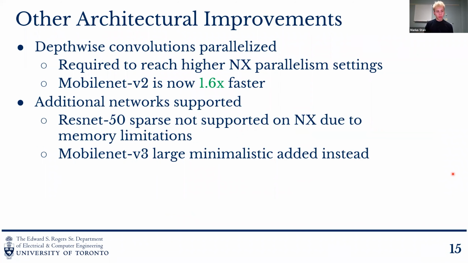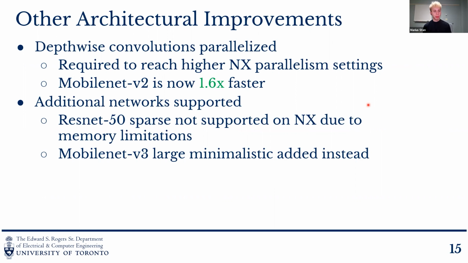Some other architectural improvements which we needed to implement: Depthwise convolutions did not support any sort of parallelism in our baseline design. This is because they were not the limiting layer for most networks except for MobileNet v2. But on the NX, we want to reach some higher parallelism settings. We want to use more multipliers, and so these Depthwise convolution layers quickly became the bottleneck for most networks.